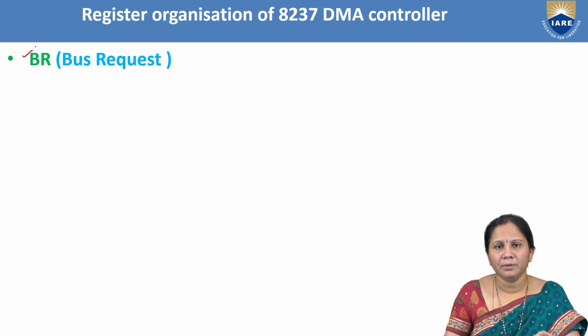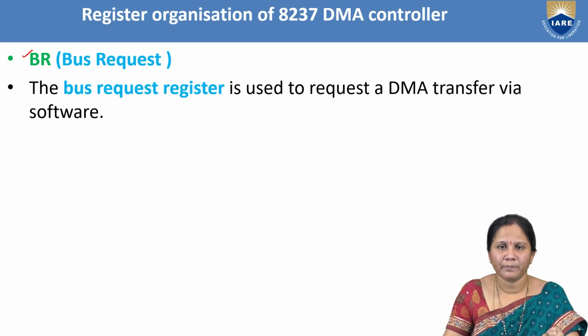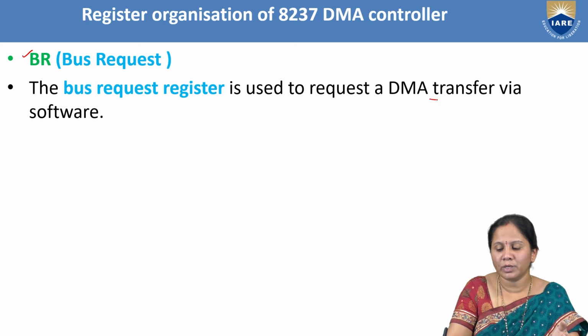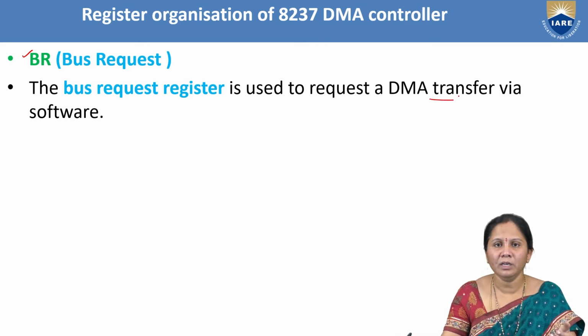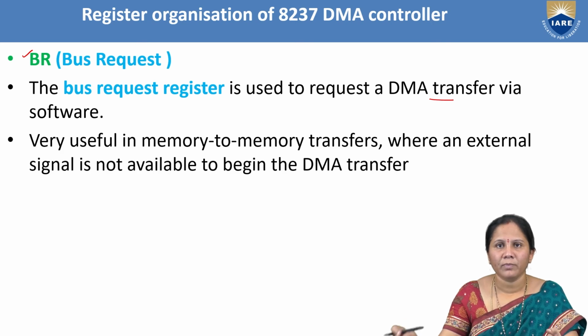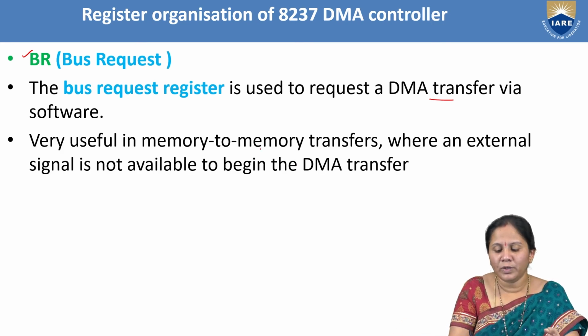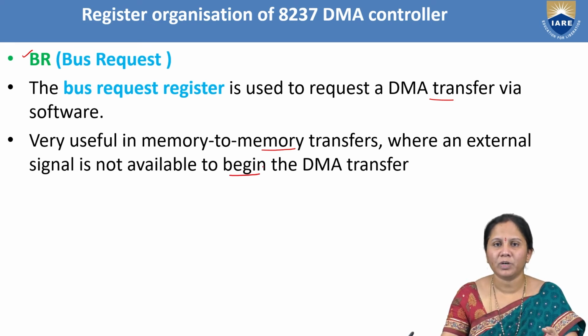The next register is BR, which is called the bus request register. This BR is a bus request register used to request the DMA transfer via software, that is by using instructions. It is very useful in memory to memory transfer, where an external signal is not available to begin the DMA transfer.